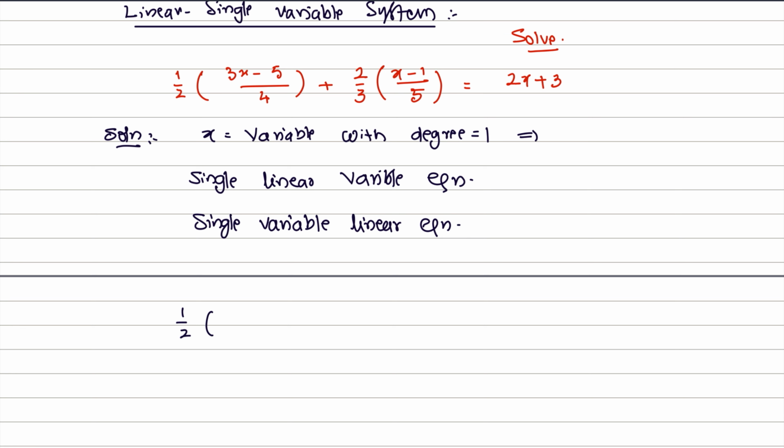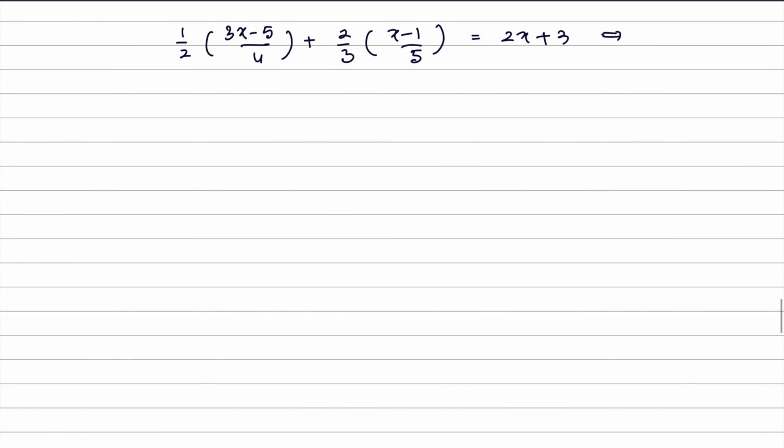Now half into (3x minus 5) divided by 4 plus 2 by 3 into (x minus 1) by 5 is equal to 2x plus 3. Before opening the brackets, (3x minus 5) by 4 can be written as 3x by 4 minus 5 by 4.